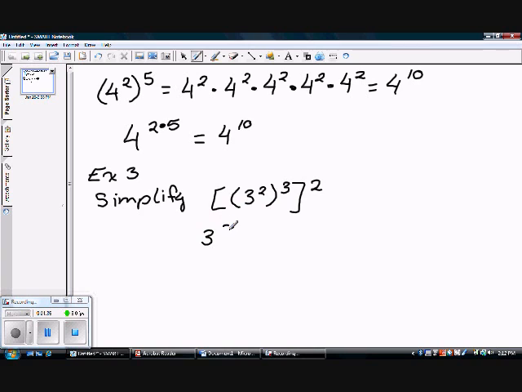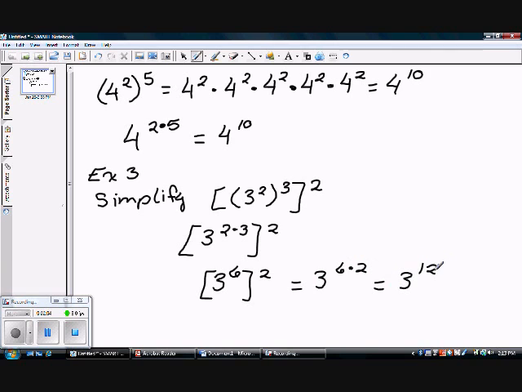So this is going to be 3 to the 2 times 3 power to the second power, and 2 times 3 is 6, so this is 3 to the 6th power, and all of that is to the second power. And then it's going to be 3 to the 6 times 2 power, which is 3 to the 12th power.